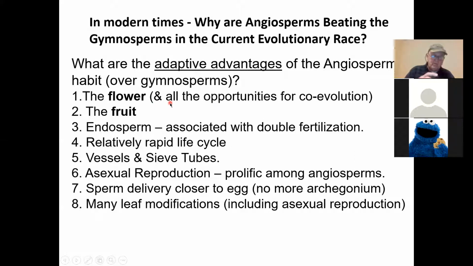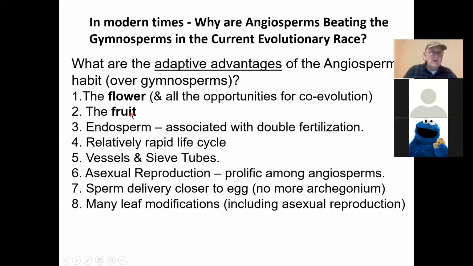The cone is about 3 inches long and about 2 inches in diameter. It's huge. But other than maybe ants taking pollen from the male to the female plant, there's not much opportunity for anything to happen. But when you have a flower, you can have bird pollination, wind pollination, insect pollination, all kinds of opportunities for coevolution between animals and plants.